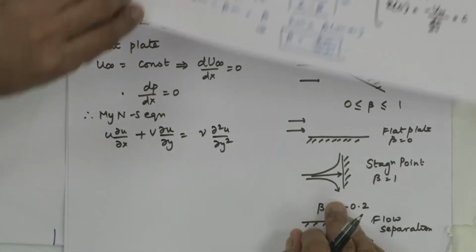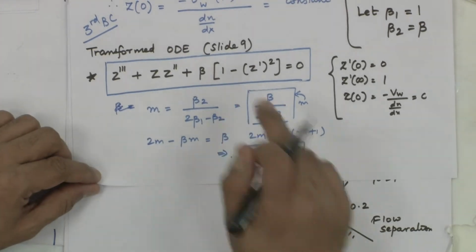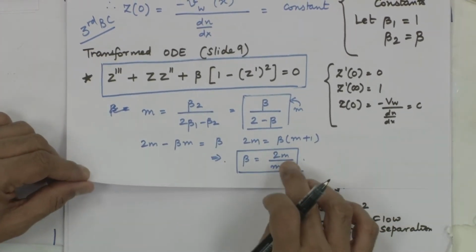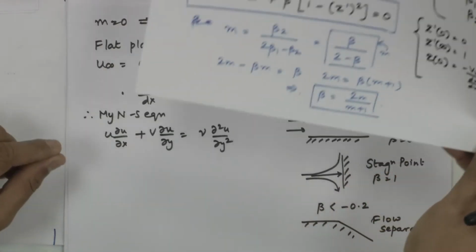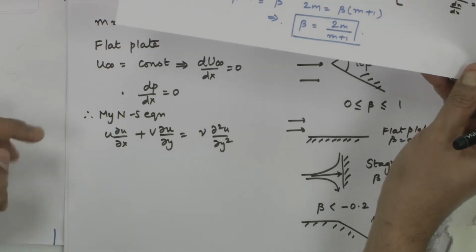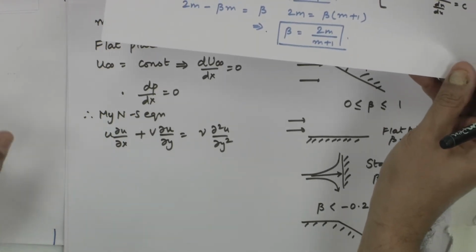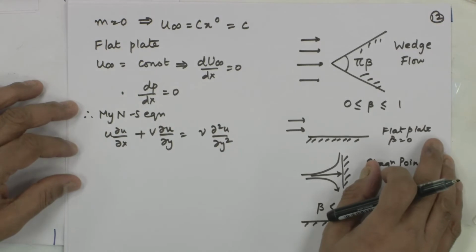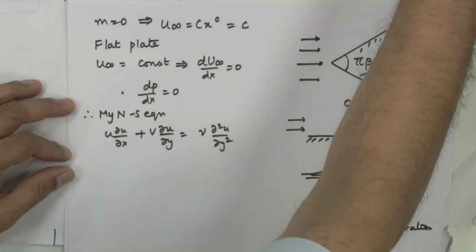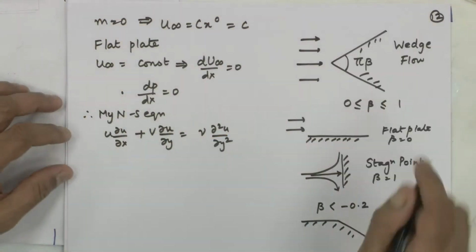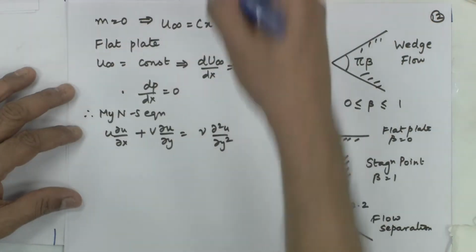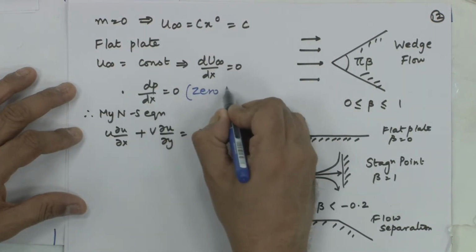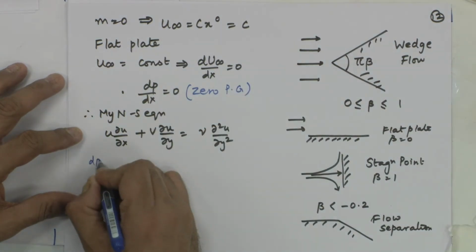Or if I put this beta as 2m over m plus 1, when m is equal to 0, you get the case of a flat plate, and your ordinary differential equation, which was something like this, would transform to something more simple.